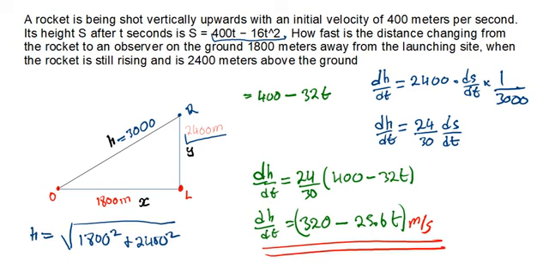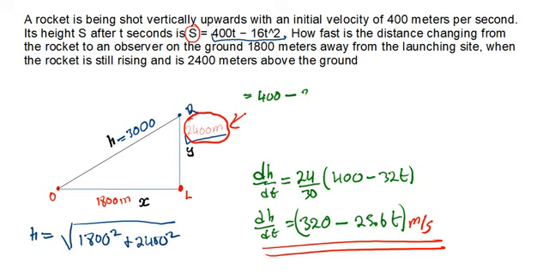If you want to find the exact value at that point, because this is the point that we used, at 2400 meters vertically upward, you need to find time at this point. How do you find time at that point? Where there's s here, we replace it with 2400.